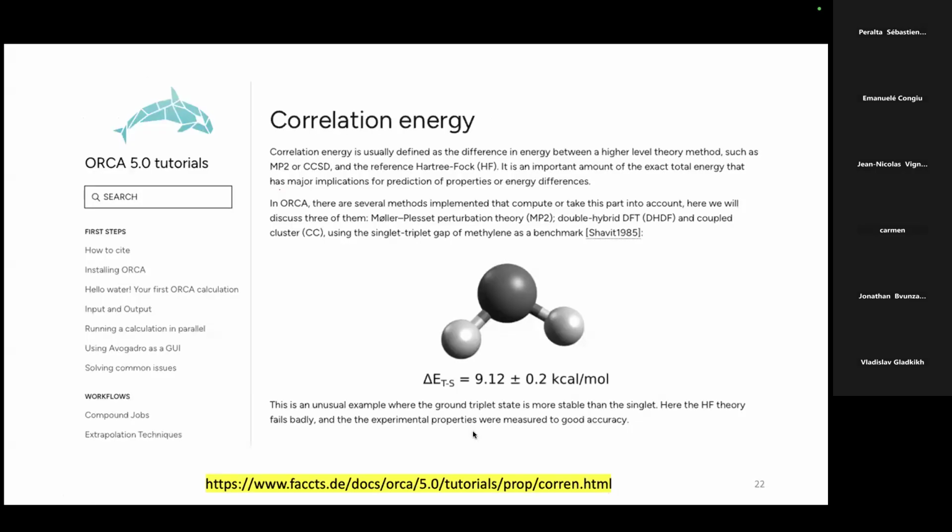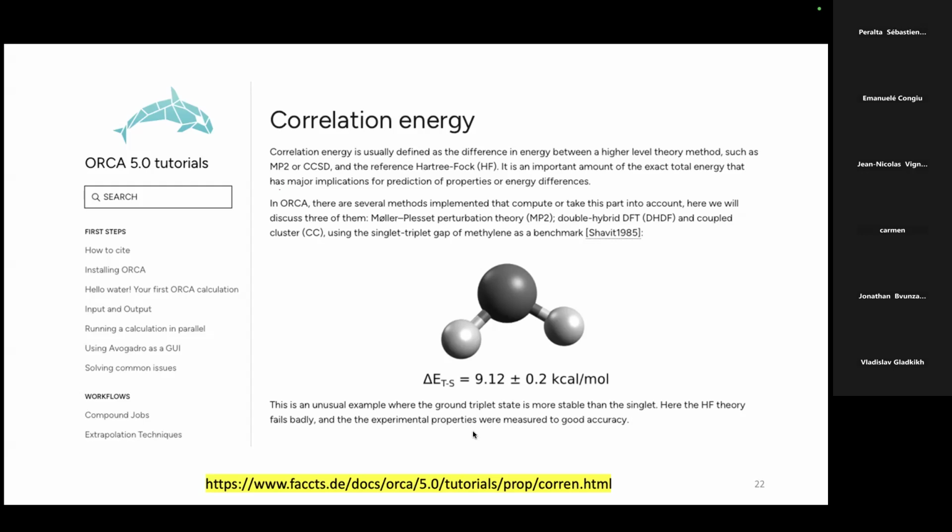Now let's talk about different computational methods. This is an exercise you do. You don't need to do it right now. This is to get an idea about different computational methods. The correlation energy is a quantum mechanical property, and describing correlation energy is challenging.